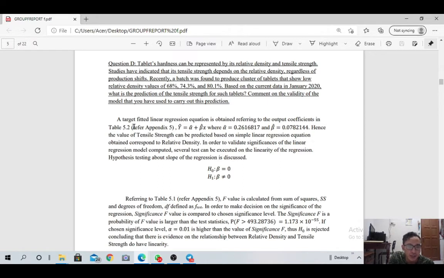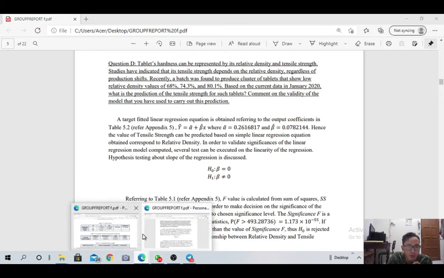So, a best-fitted linear regression equation is obtained referring to the output coefficient in table 5.2. So, to produce linear regression equation is y equal to alpha plus beta x. So, how do we get the value alpha and beta?